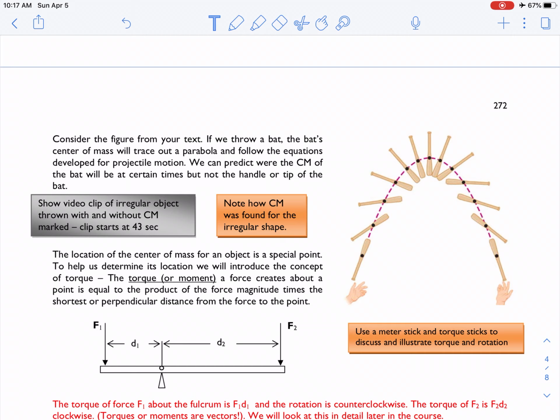That means we can still use the projectile motion equations, the constant acceleration equations, for that center of mass point, the point shown with the black dot, okay? And we can predict where the center of mass of the bat will be at certain times, but not the handle or the tip of the bat or any other point but the center of mass point.